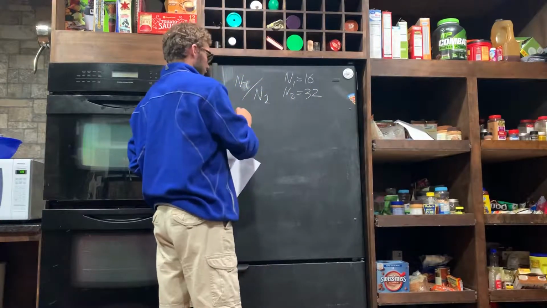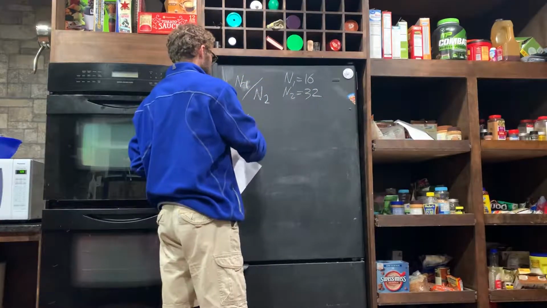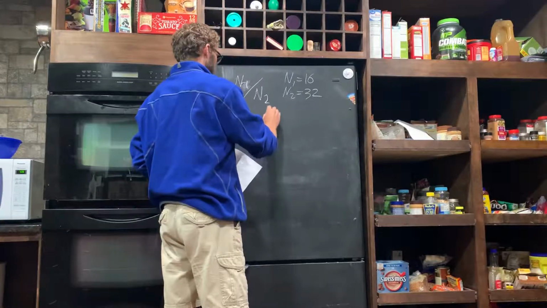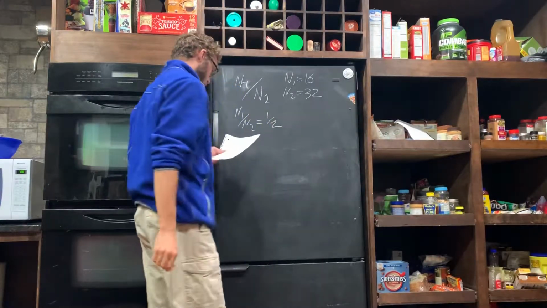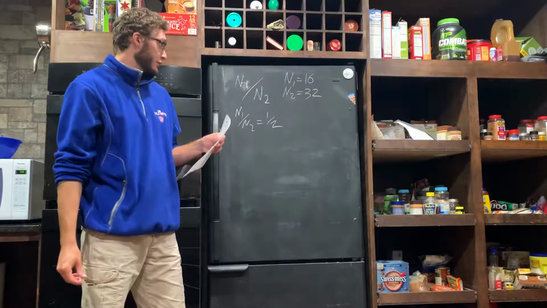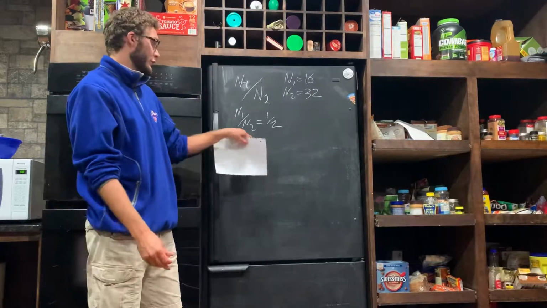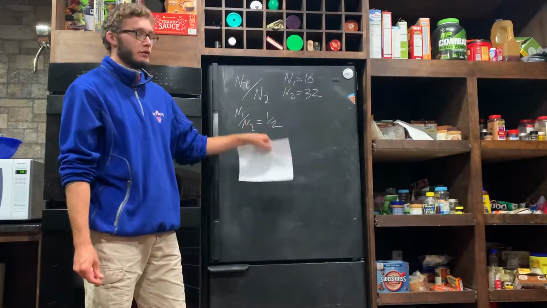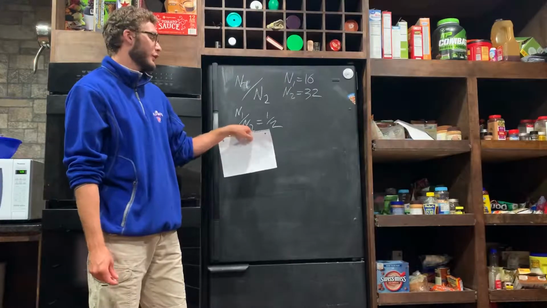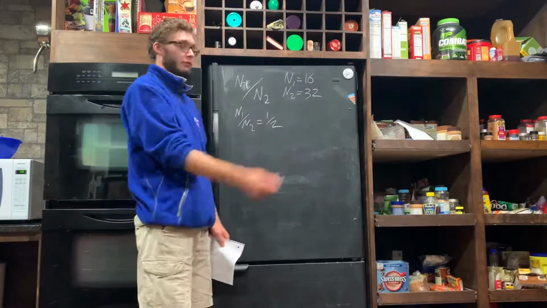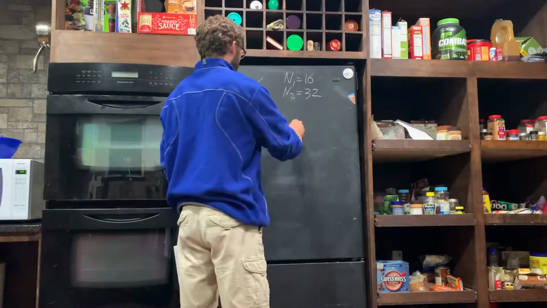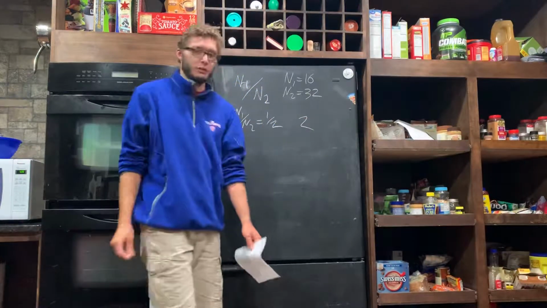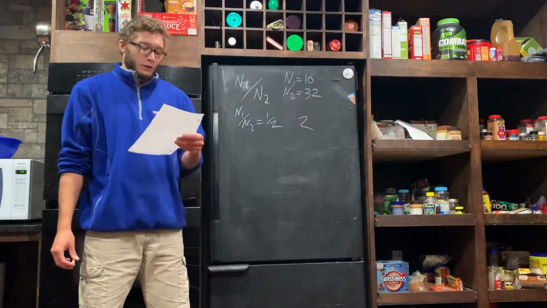In this case, our N1 over N2 would be 1/2, so the speed would be multiplied by 1/2. If we had an input speed of 500 RPM, it would go to 250 RPM for gear 2. But for torque, it would be the opposite, so it would equal 2, and our torque would double in that case.